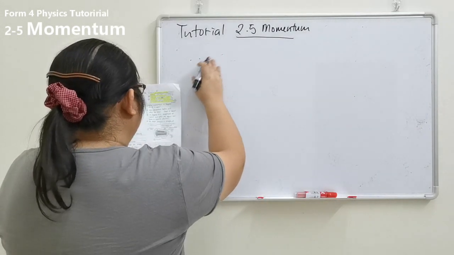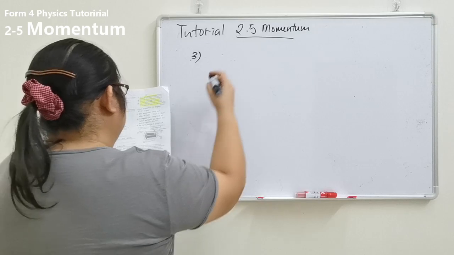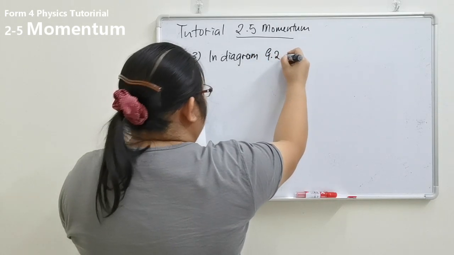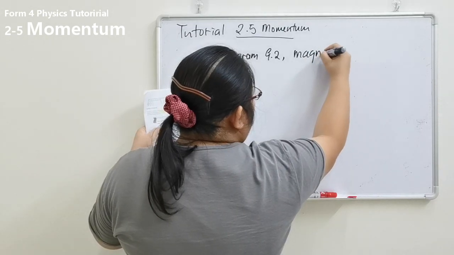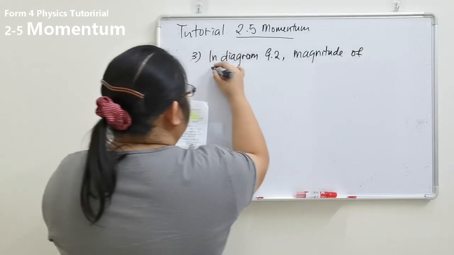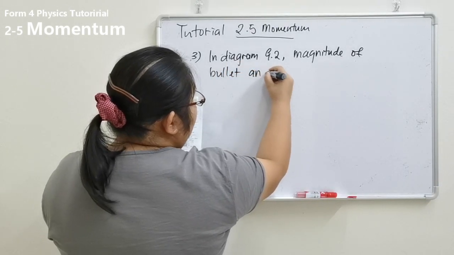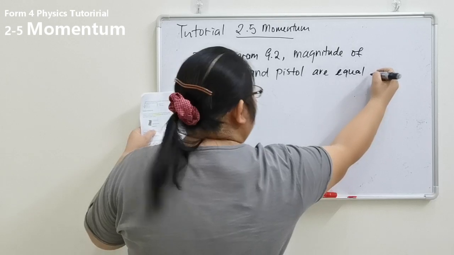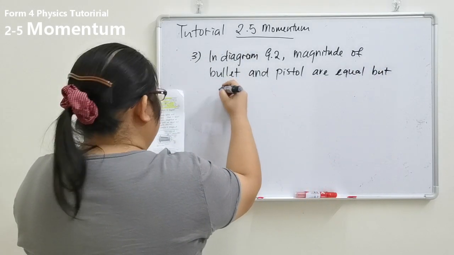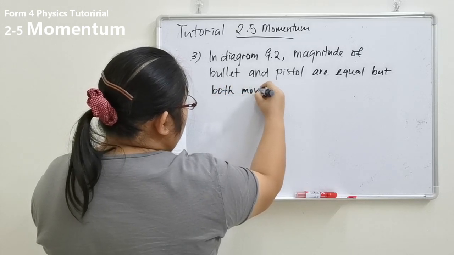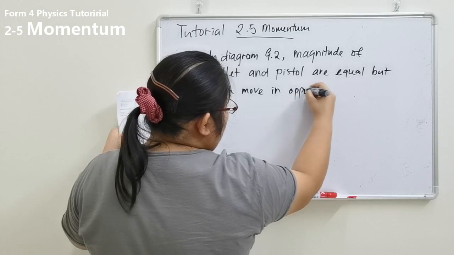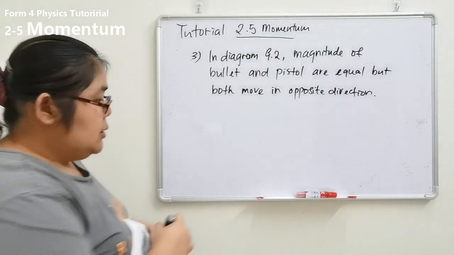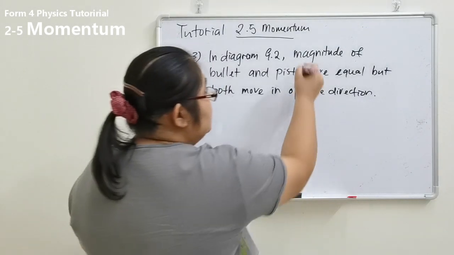Okay, now we go to number 3. In the diagram, okay, this one we get 2 marks. 1 mark is here, the magnitude is equal.